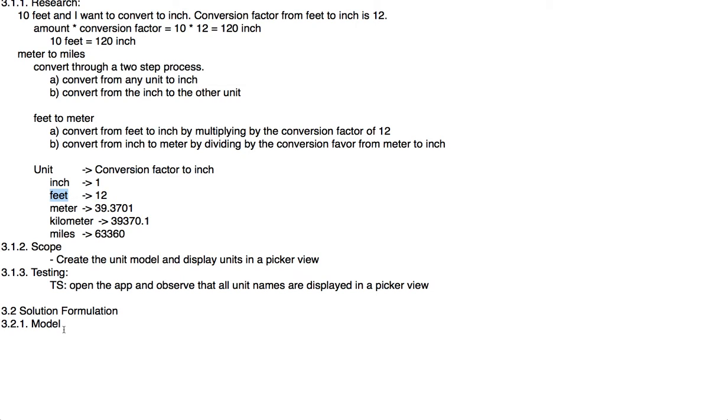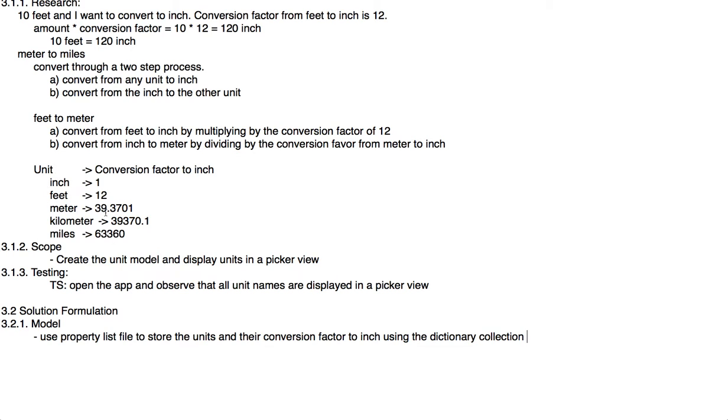So in the model, we're going to use a property list file to store the units and their conversion factor to inch using the dictionary collection. The dictionary collection is the one that supports this key and value.